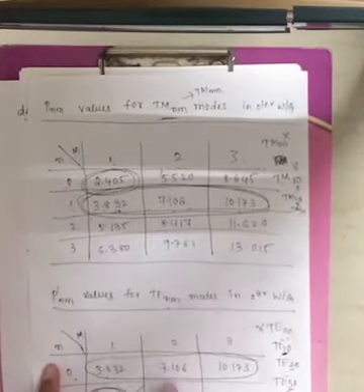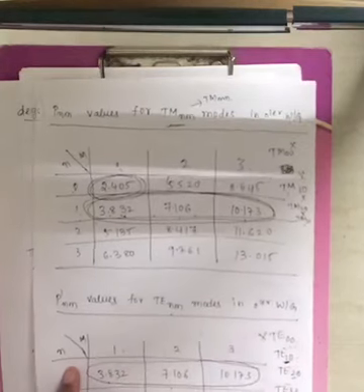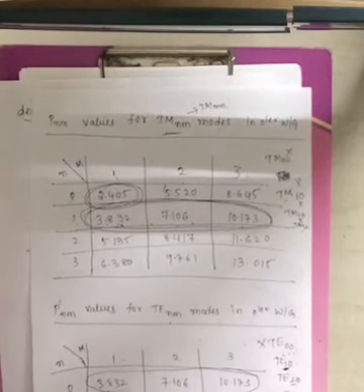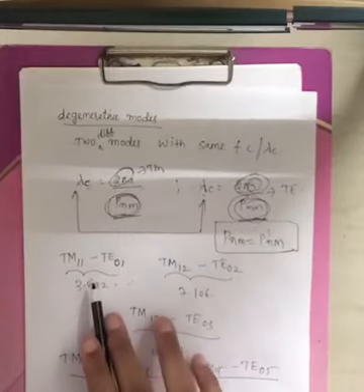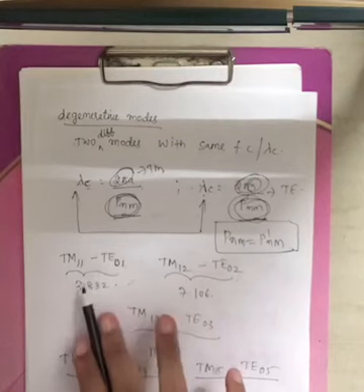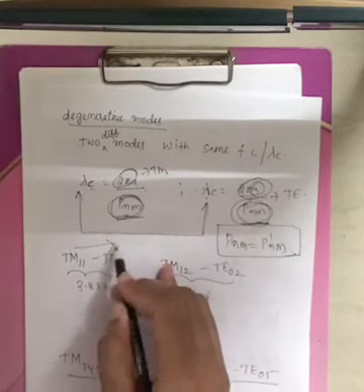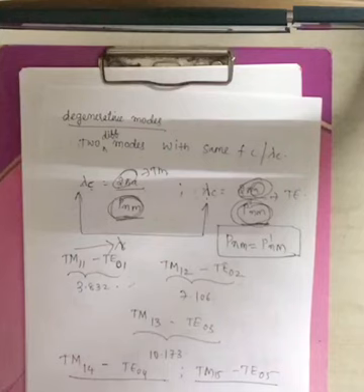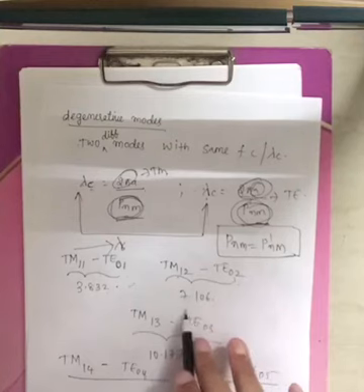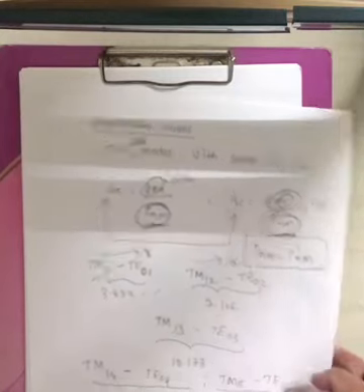If you refer to this table, the second row of TM mode root values equals the first row of TE mode. If you substitute n and m, TM11 and TE01 have the same root value 3.832. For these two modes you will get the same cutoff wavelength, that's why it is a degenerative mode of a circular waveguide. For TM12 and TE02 you have the same root value, 7.106, so you get the same lambda c, which is one more degenerative mode.